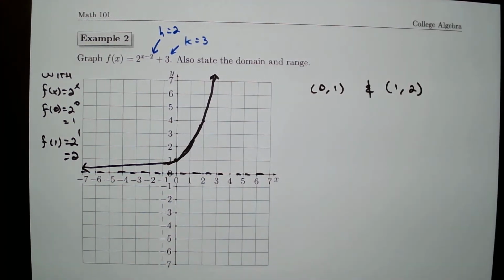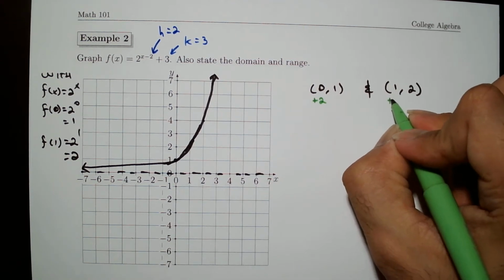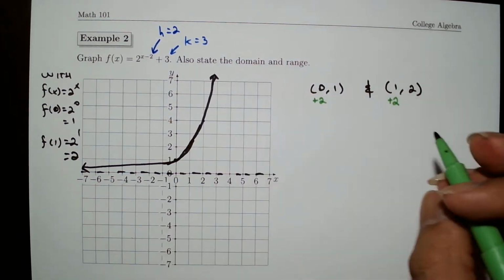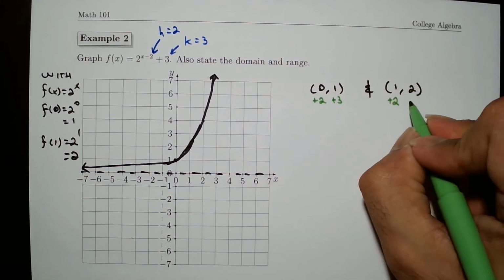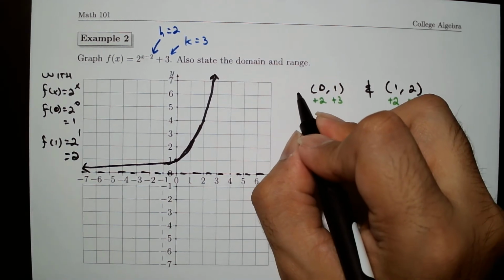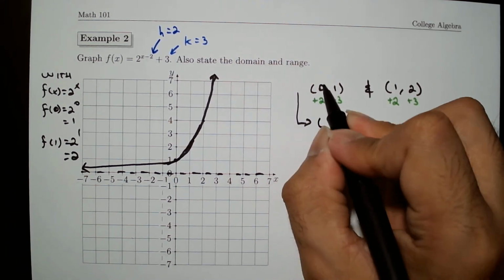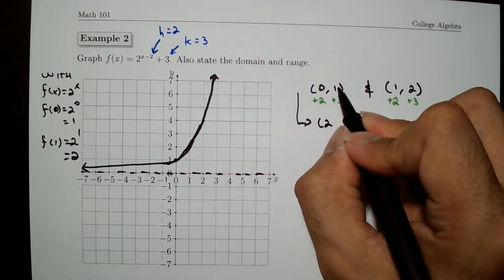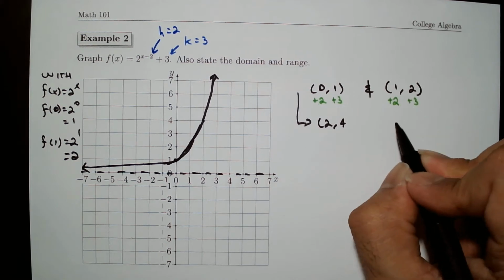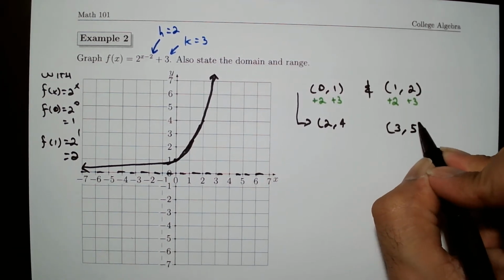So we are going to add 2 only to the x coordinates. And because of k equals 3, we are going to add 3 to the y coordinates, giving us these new points. 0 plus 2 is 2, and 1 plus 3 equals 4. And for the second point, we get 1 plus 2, that's a 3, and 2 plus 3 equals 5.